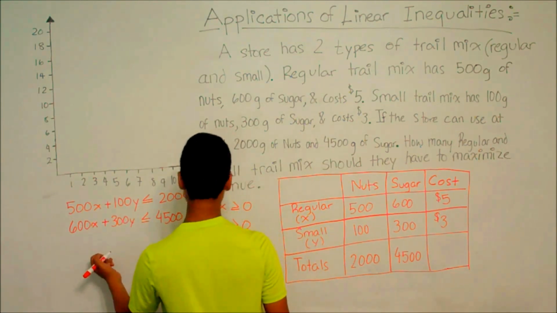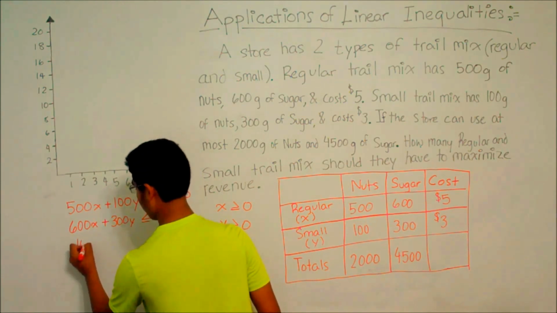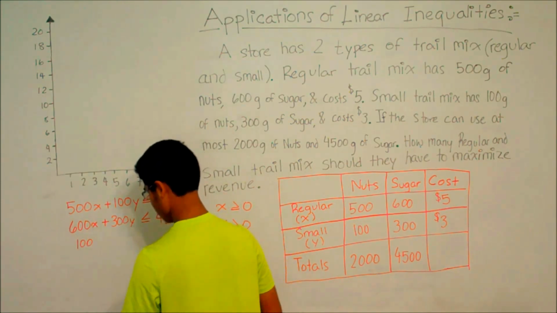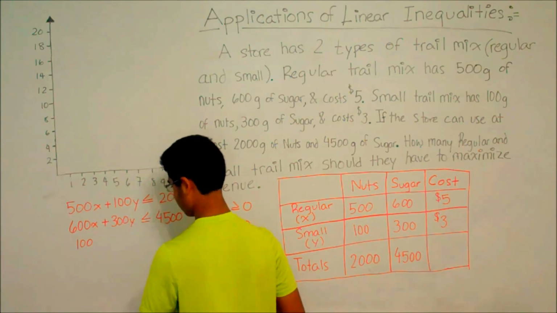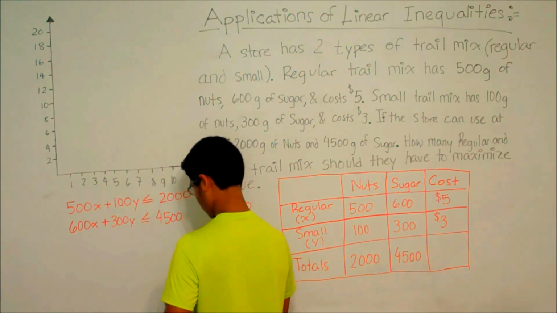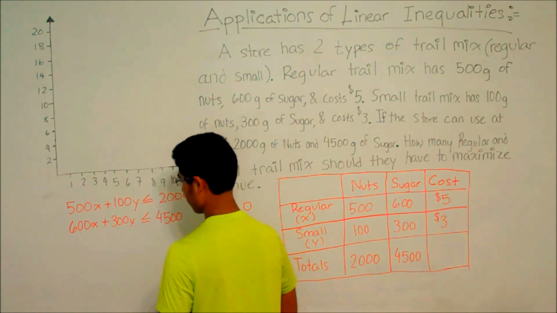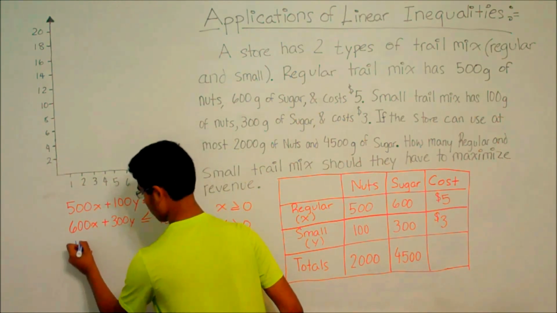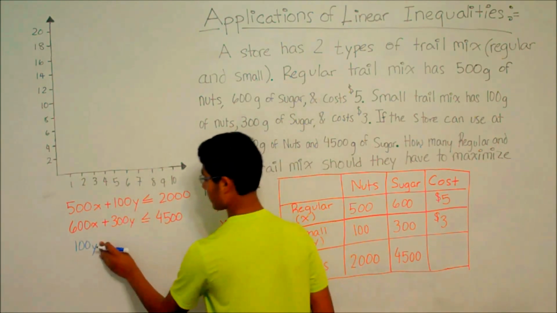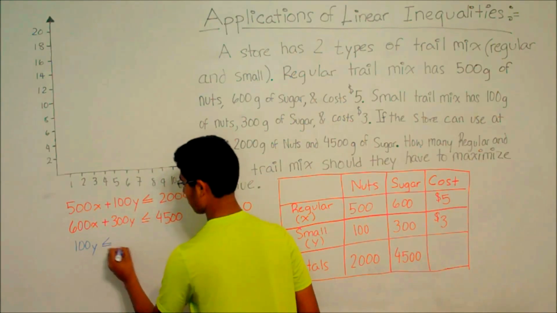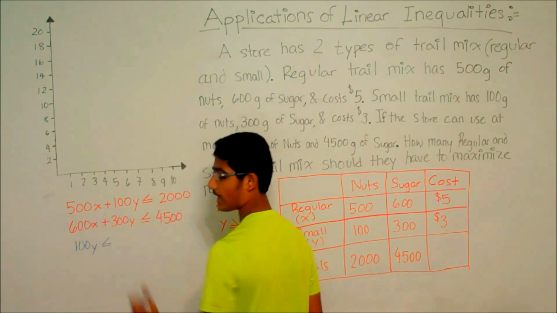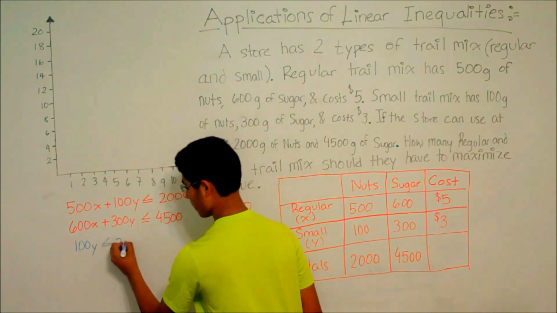So that means that 100y is less than or equal to 2,000 minus 500x, to get rid of 500x from this side.